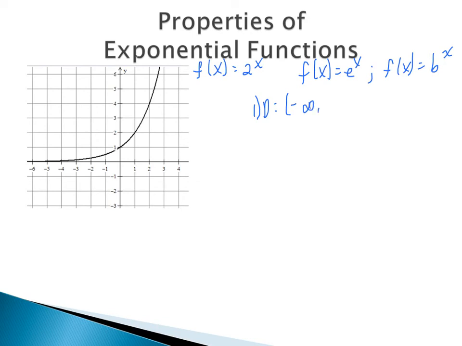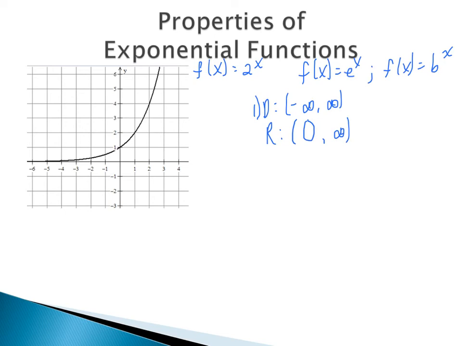So our domain is -infinity to +infinity. If we look at our range, then remember we're looking at our smallest y value to our largest y value. Looking at the graph here, we can see that it definitely goes all the way up to infinity, so we know that we're going to end at infinity. But it starts just above 0. So what happens is that we don't include 0. So although this graph might look like it's touching the x-axis, it's actually not.